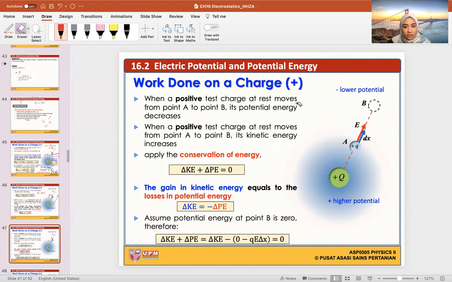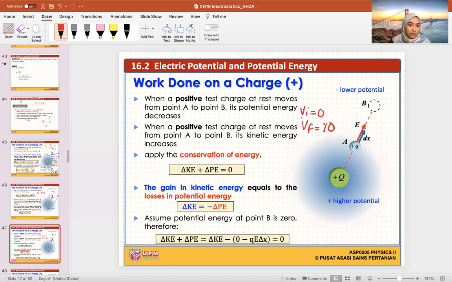Okay, when a positive test charge at rest, so we start with V initial equals 0, moves from point A to point B, which means that we have a certain velocity for our V final. Let's just say it's 10. Its potential energy decreases because why? If we gain kinetic energy, we lose potential energy.